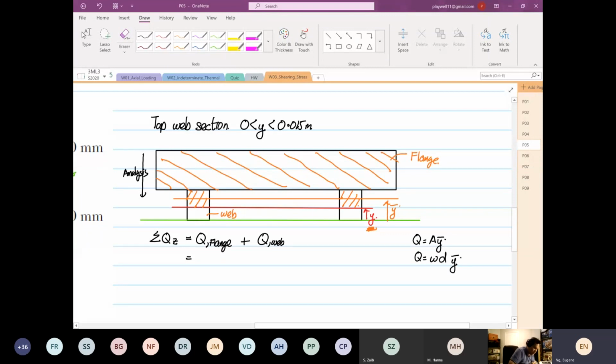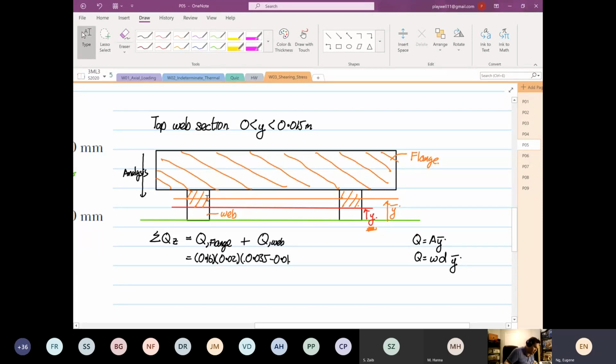So the width of the flange is 0.16. The depth, if we look at the depth, is equal to 0.02. And for the first moment of area, the datum is from the centroid. So this is equal to 0.035 minus 0.01.